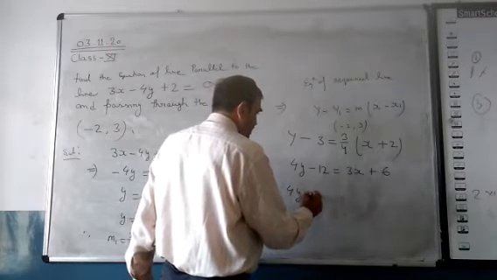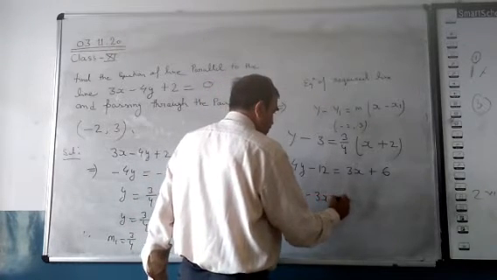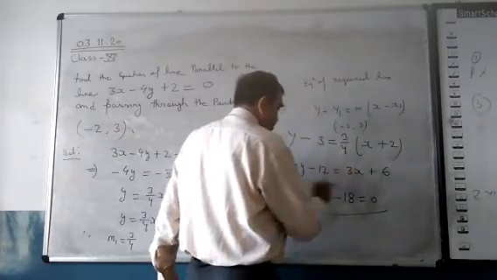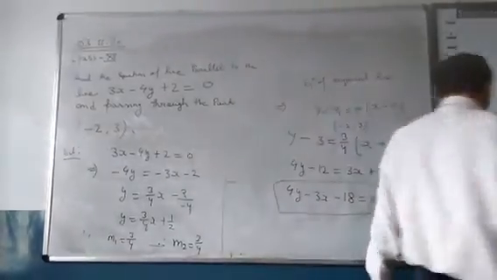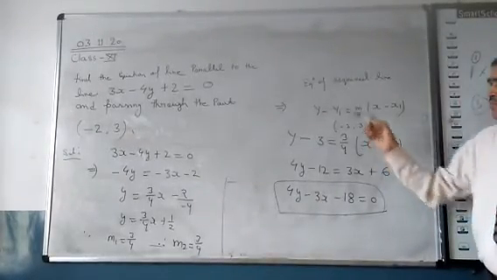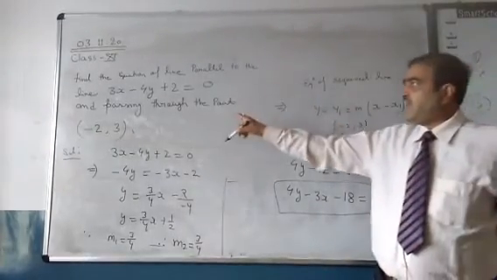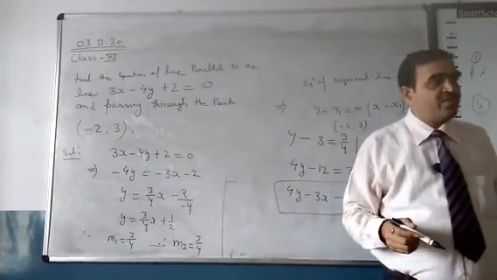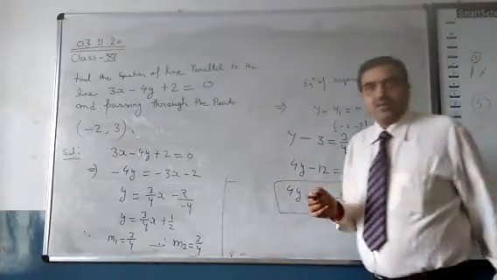So 4y minus 3x minus 18 equals 0. Yes, this is the equation, and this equation is parallel to 3x minus 4y plus 2 equals 0.